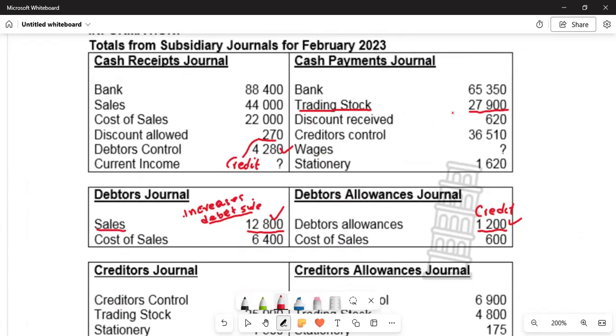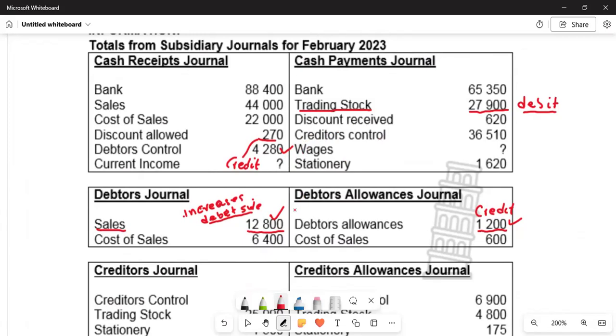So it is going to go on the debit side of our trading stock, because stock purchased for cash increases stock on the debit side. Because when you buy stock, it means we are increasing our assets. So it increases our debit side. That is that.